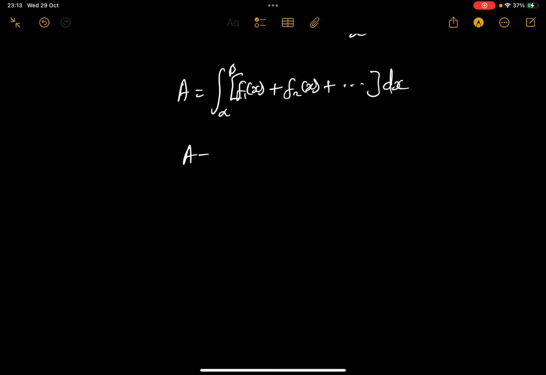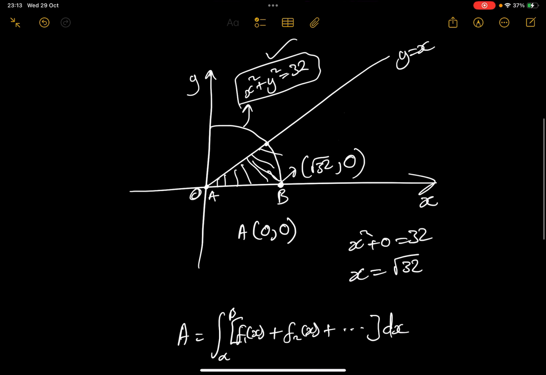So here, since we have A and B and they are bounded by this function, we are going to say this is the upper function, which is y equals x, right?